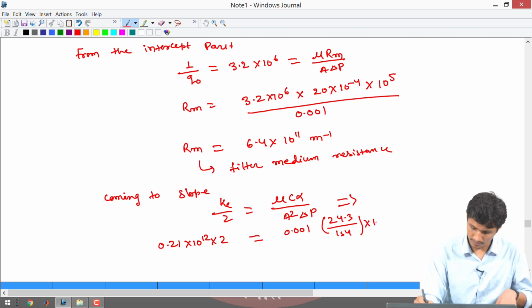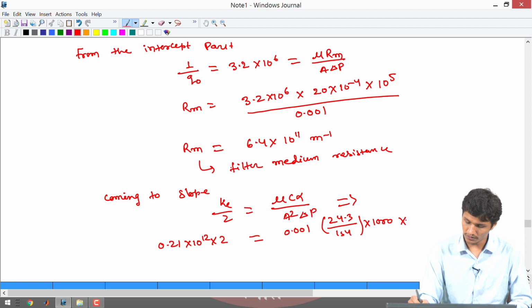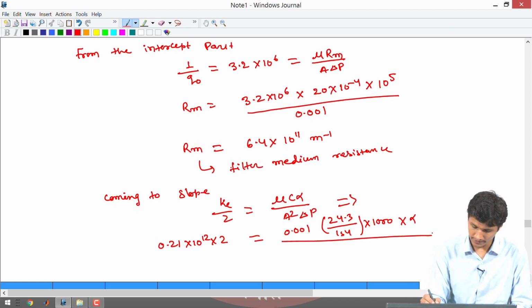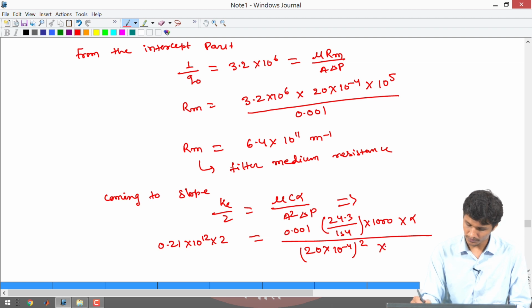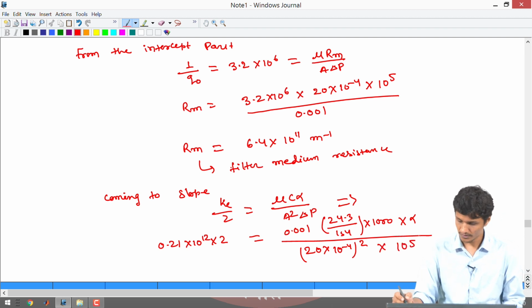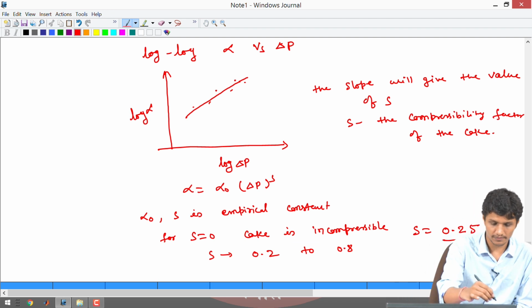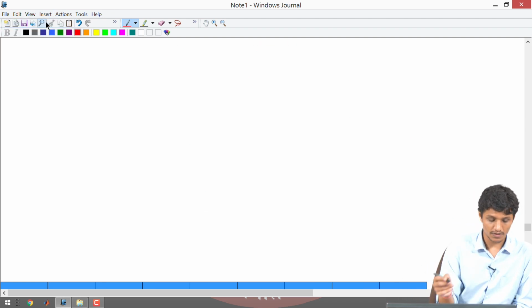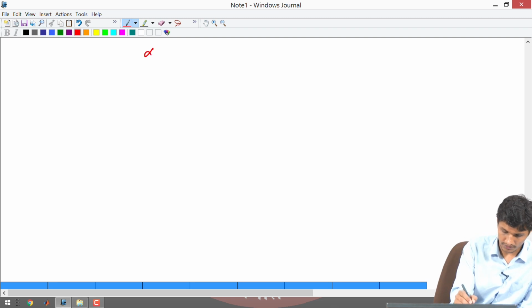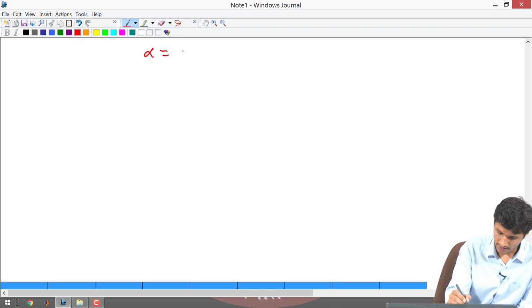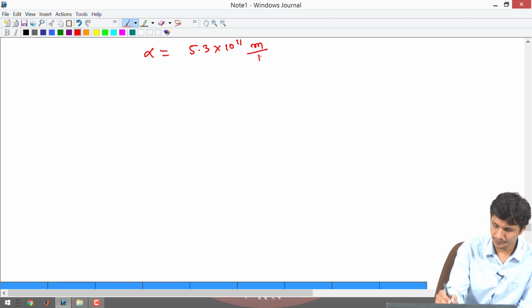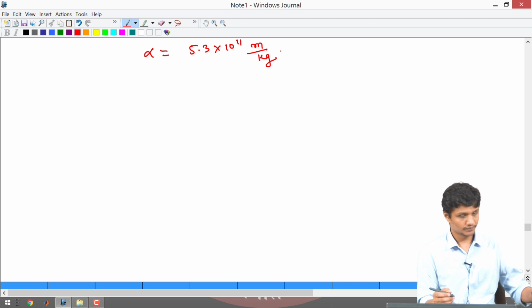In SI unit I have to multiply it by 1000, into alpha, divided by area square, 20 into 10 raised to power minus 4 square, into pressure drop 10 power 5. So from the calculation it will come alpha equal to 5.3 into 10 raised to 11 meter per kg. Thank you.